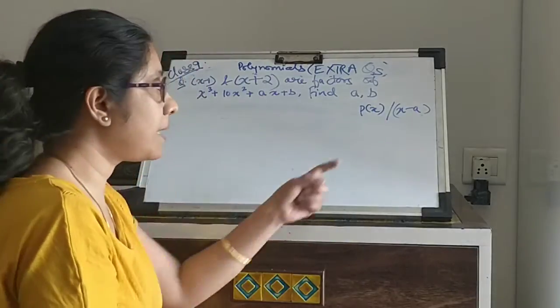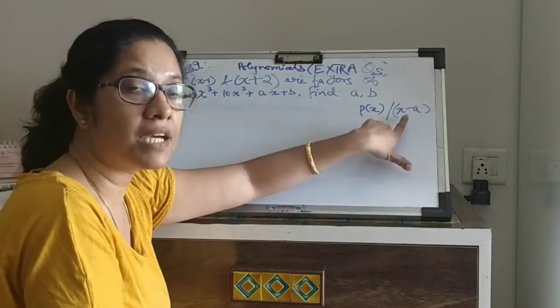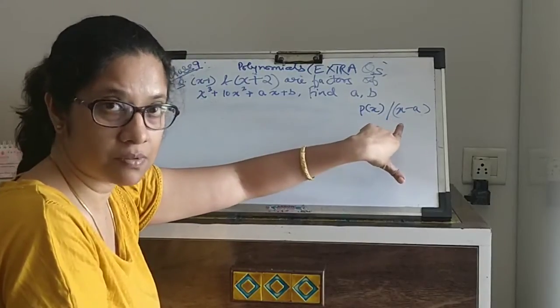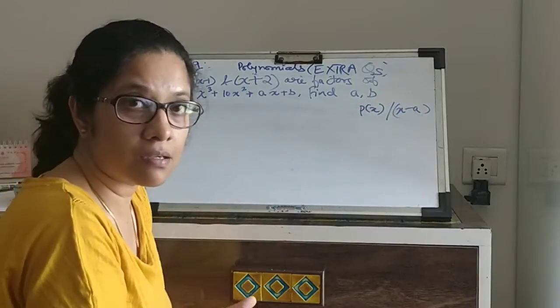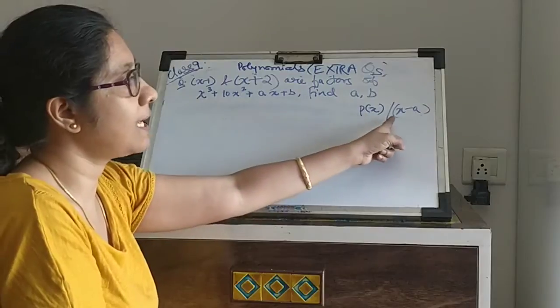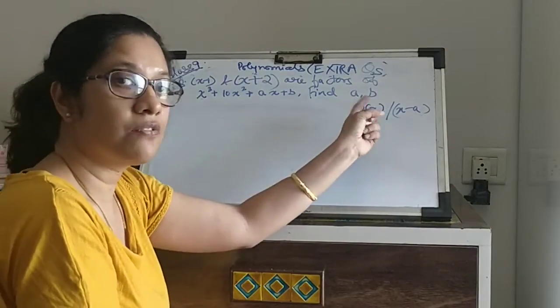If something is a factor of the polynomial, being a factor clearly indicates that my remainder should be 0. Correct? Now what is my remainder? The remainder comes from the remainder theorem, which says that px divided by x minus a, my remainder is pa. This extended to the factor theorem.